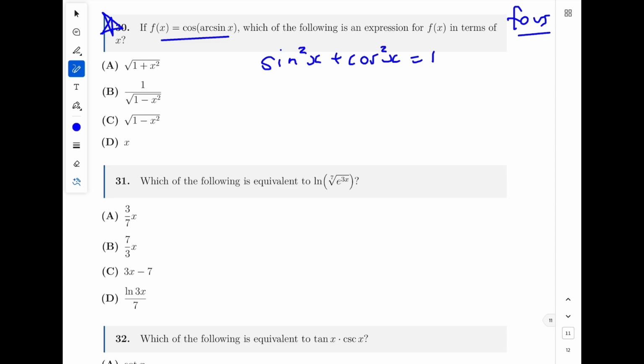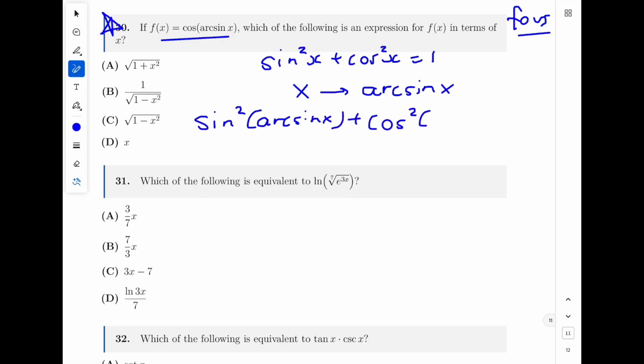Now what if instead of x I actually put in arc sine of x? So I have sine square of arc sine x plus cos square arc sine x is equal to 1.